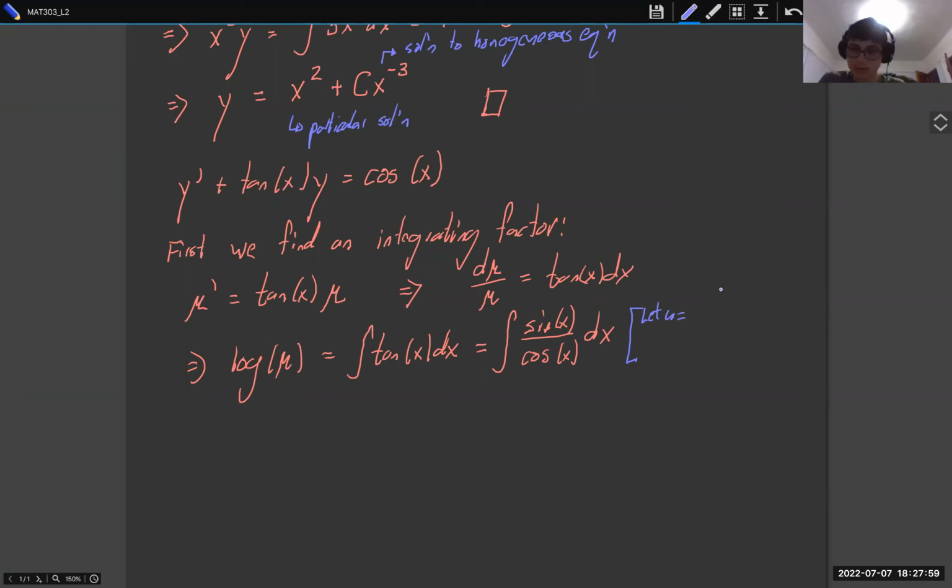And then what substitution are we going to make? You could have u equals... Oh, it doesn't really matter. Yeah, cos x is the right one. I'm pretty sure the other one doesn't go perfectly. And so du, do you remember the sign? Minus sign. Good, that's correct.